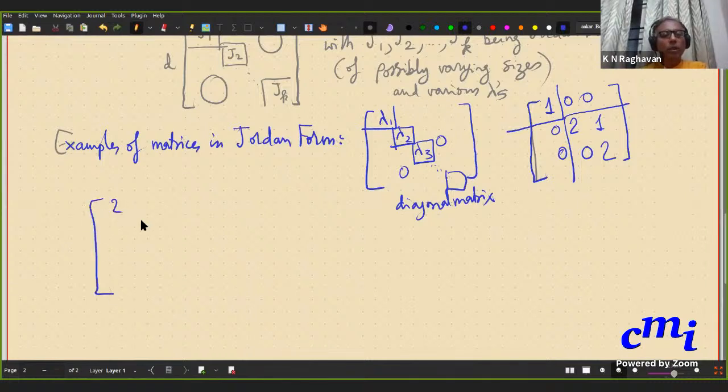So here, let me put 2, 2, 1, 3, 2, 2, 2, 1, 1, something like this. All the other entries are 0 here.